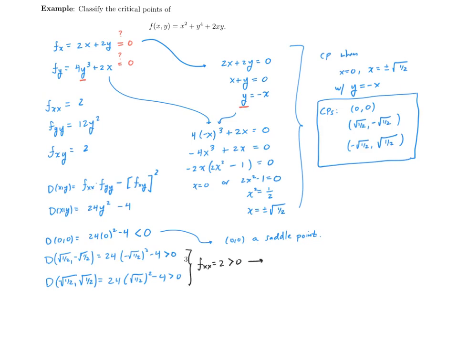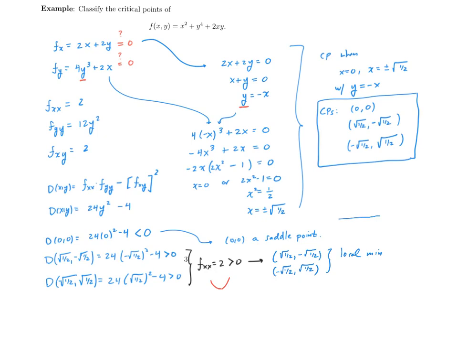And if your second derivative is positive, remember we're thinking that would indicate something like concave upward, so you would have a minimum. So 0, 0 is a saddle point, and we know the square root of 1/2 comma square root of minus 1/2, along with that final critical point, are both local minimums.